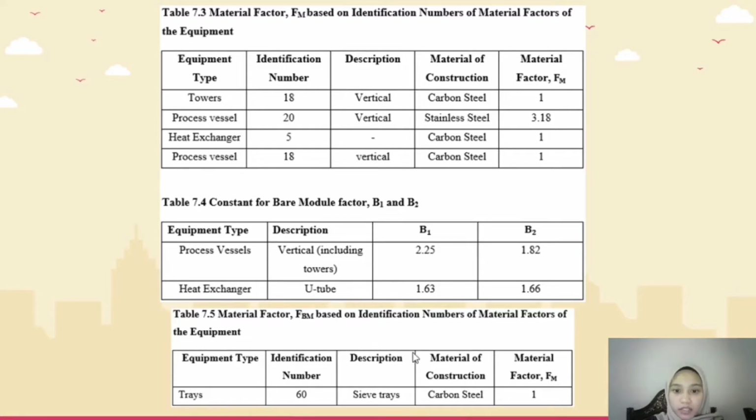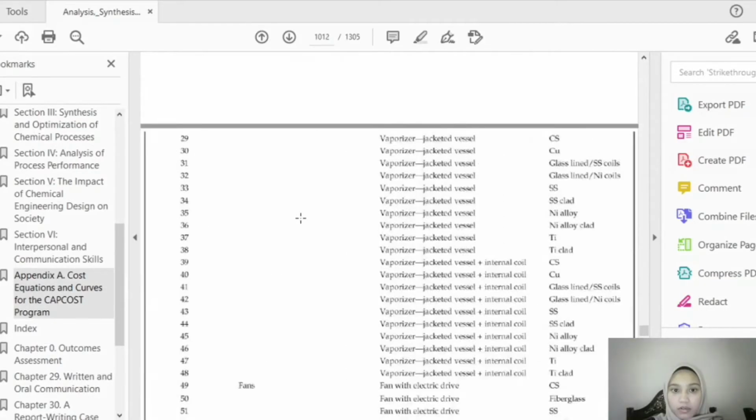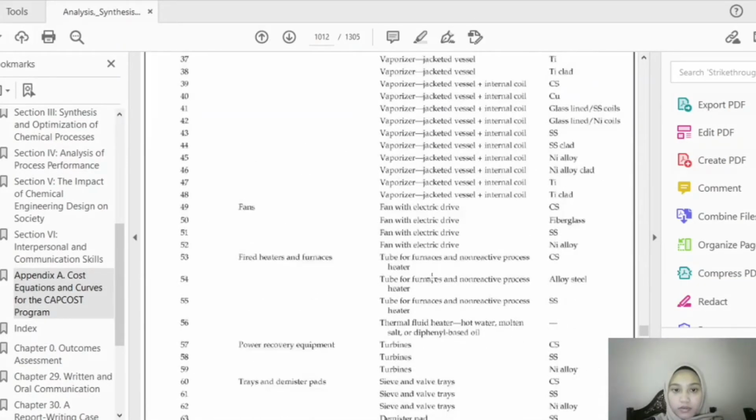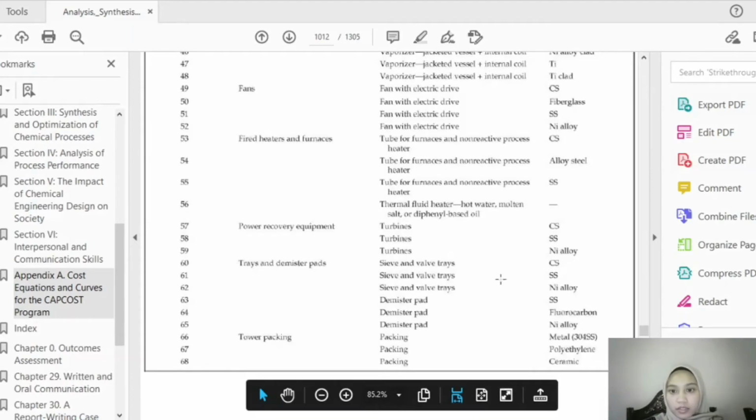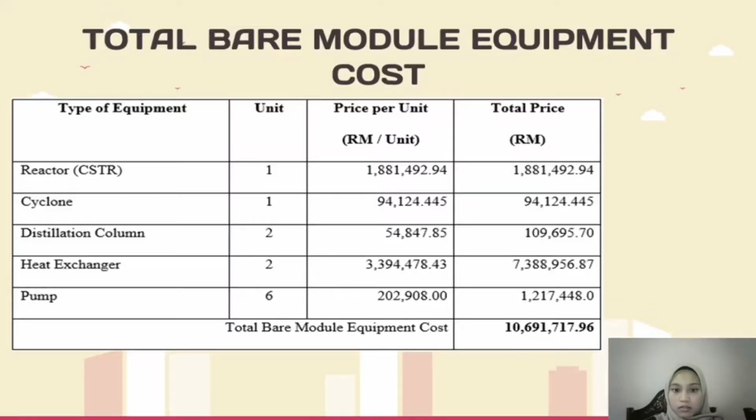So we got the identification number, description, material of construction and material factor from the same page as the major equipment, page 1012 for trace. So next, after we calculate using the equation that I've mentioned earlier, we got the total bare module equipment cost for the main equipment. That's all from me. Nazrin will continue with the grassroots.